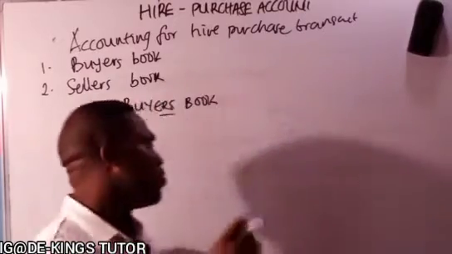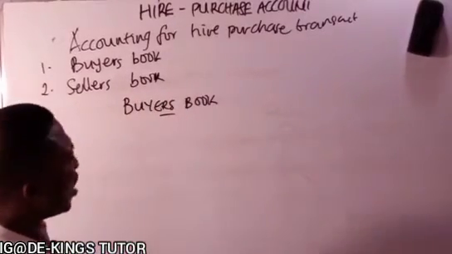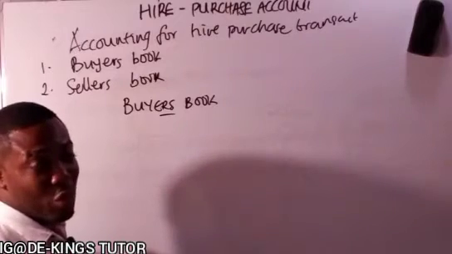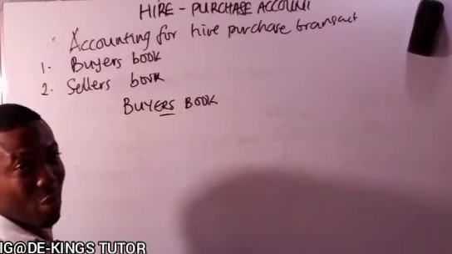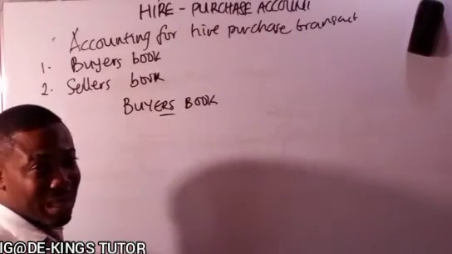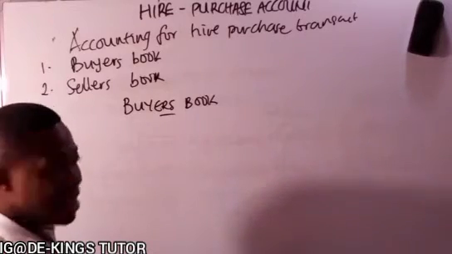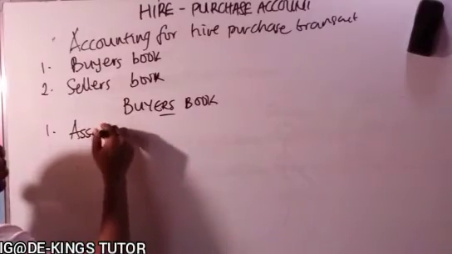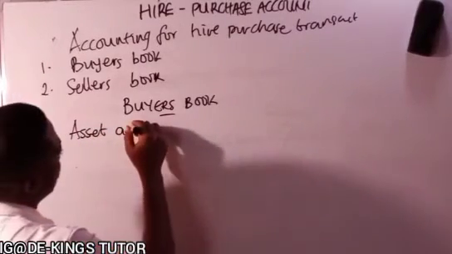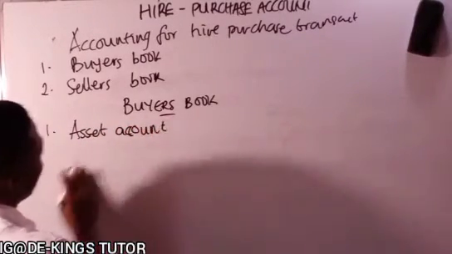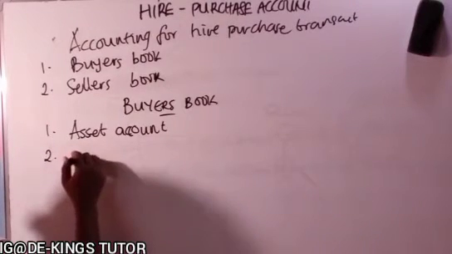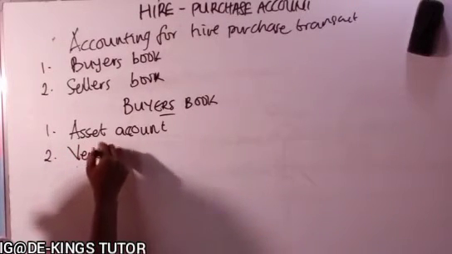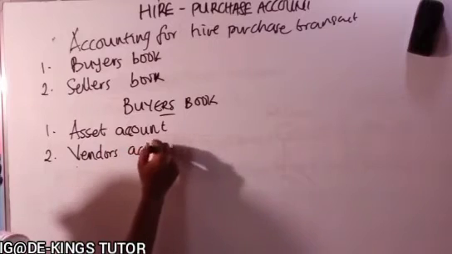So once you're preparing in the buyer's book, what are the accounts that are needed? The first one is the asset account. The second one is the vendor's account.